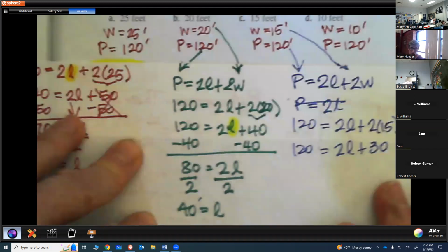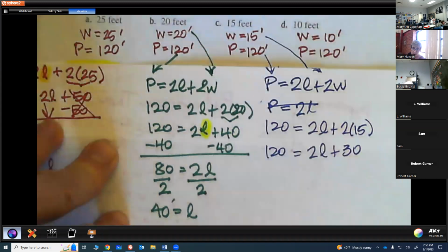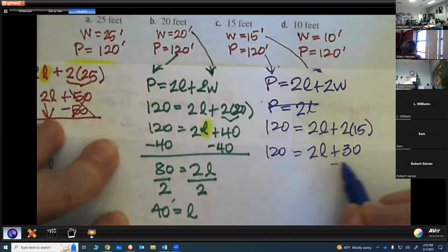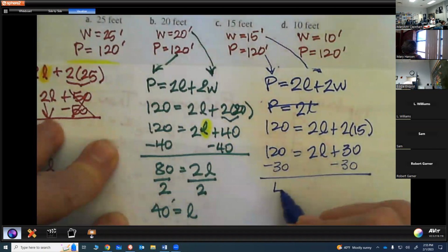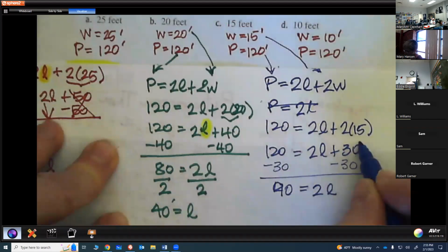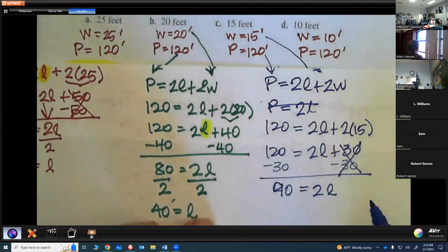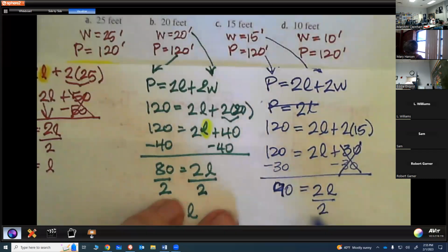And now I have a 2-step equation. I need to get rid of the 30. I can subtract 30 from both sides. 120 minus 30 is 90. The 30s are gone on the right-hand side. And now I need to divide by 2.